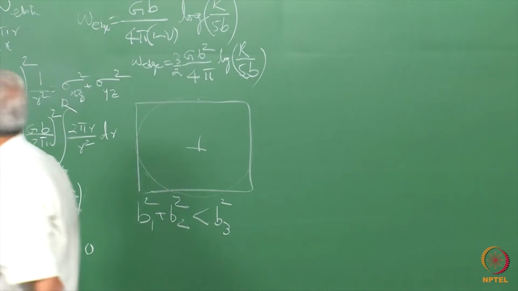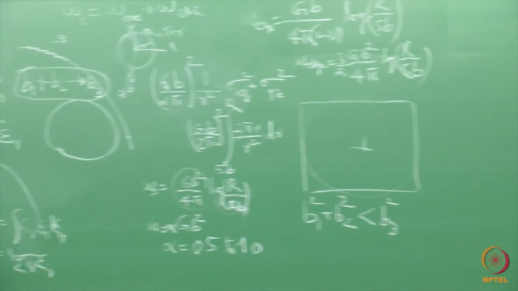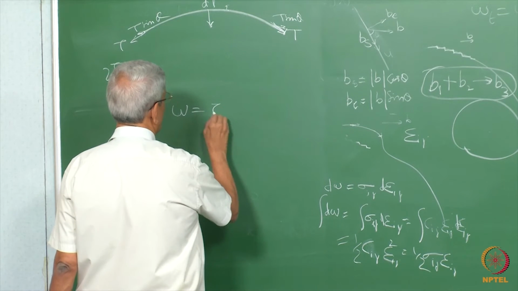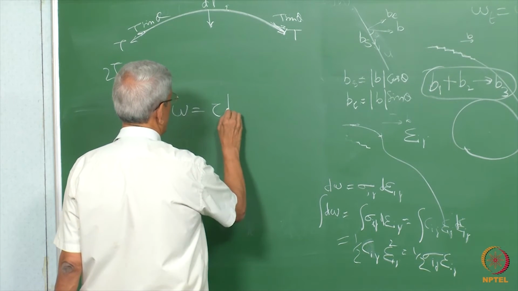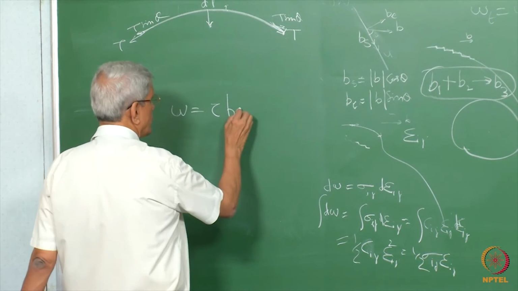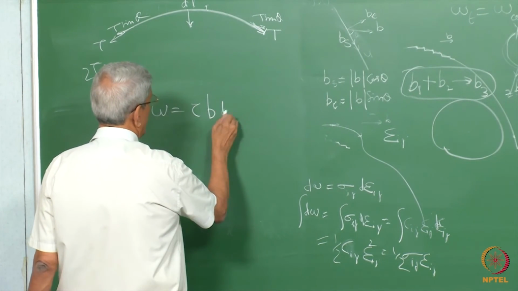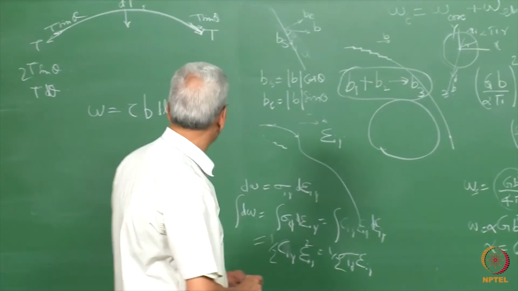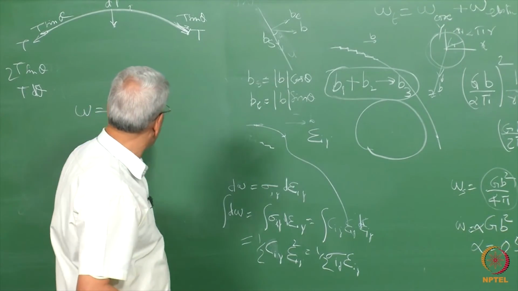So the total work done in that case will be equal to tau into b into the length of the dislocation, if a unit length is being moved, correct.